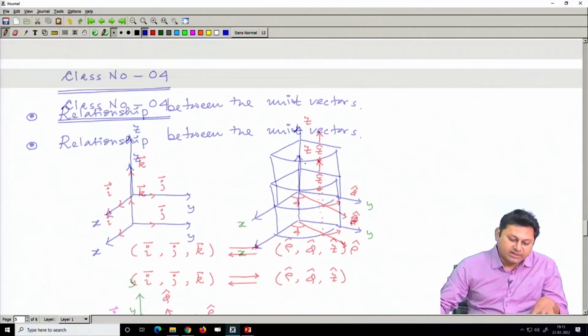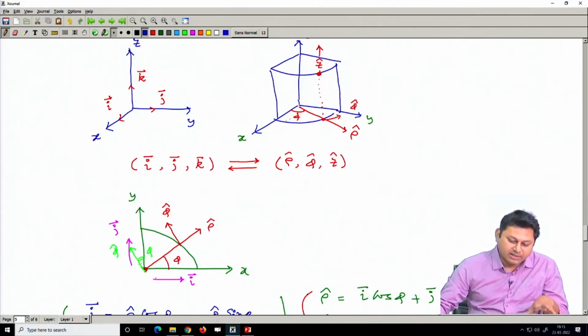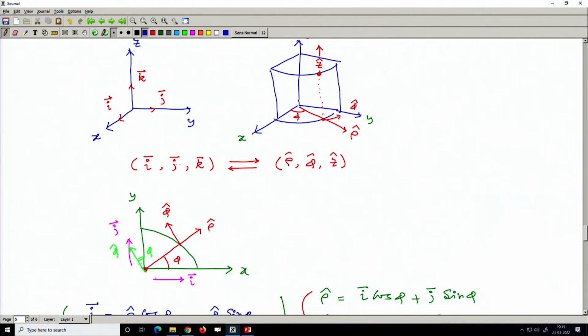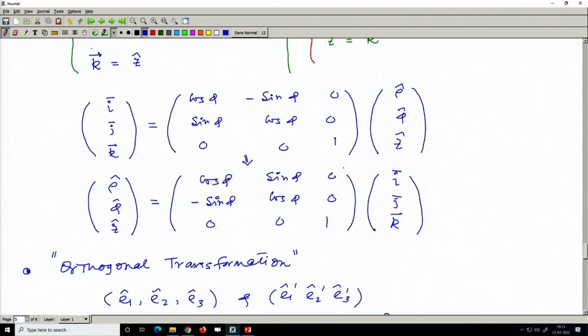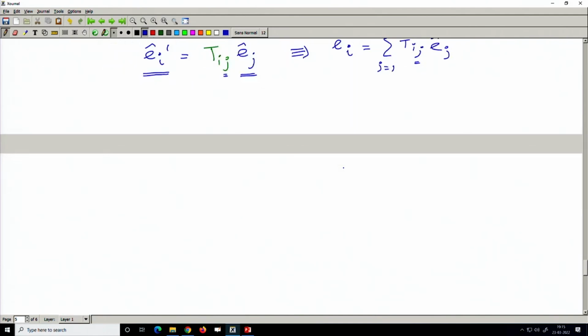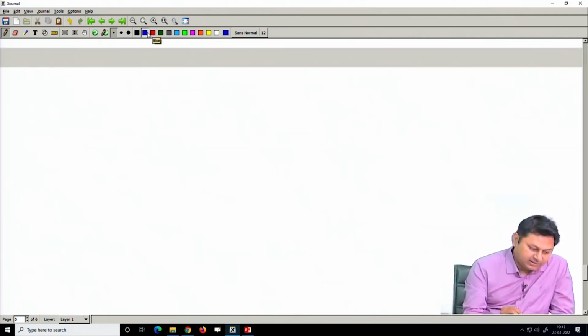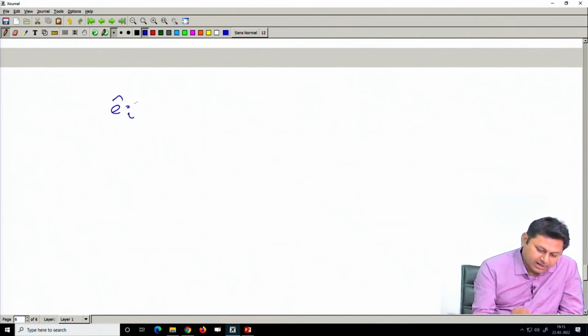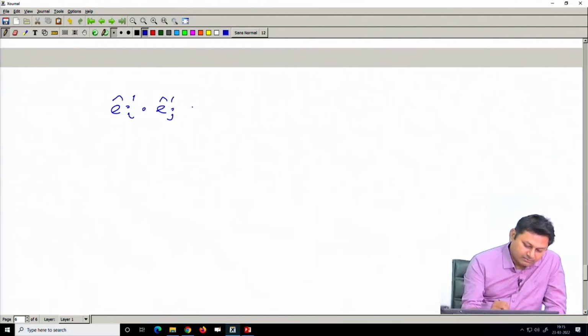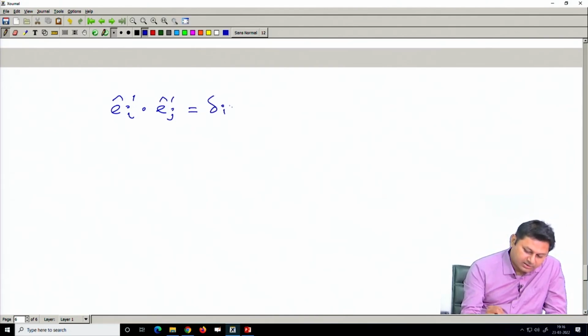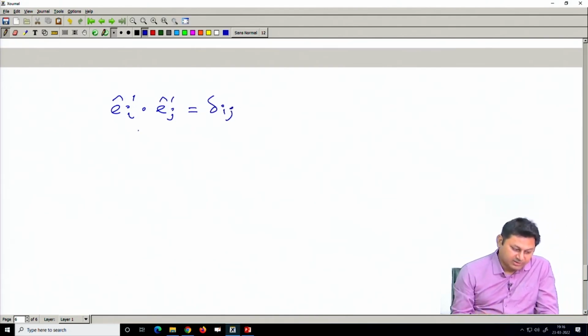Now I find that both the coordinate systems, for example the Cartesian coordinate and the cylindrical coordinate, are orthogonal. I mean i, j, k are forming an orthonormal basis, rho, phi, z are also forming an orthonormal basis. So both coordinate systems are forming orthonormal bases. That means E_i prime dot E_j prime are related with the delta function because they form an orthonormal basis.